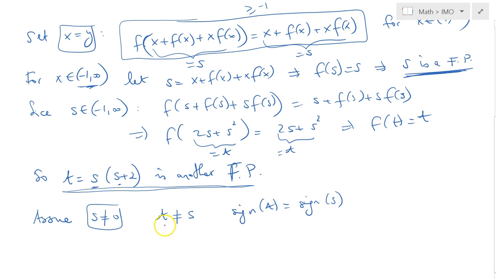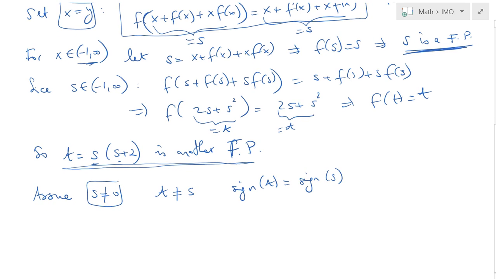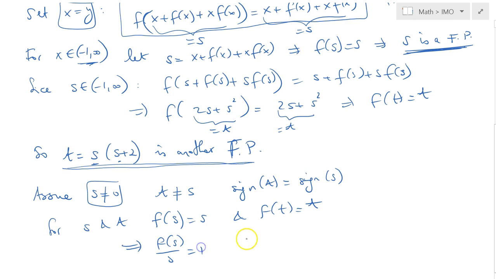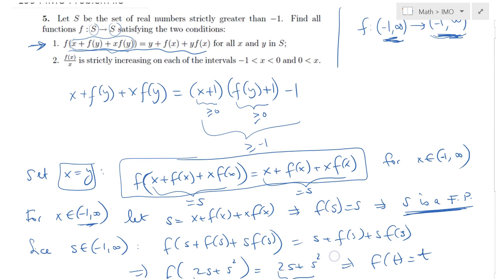As a result, notice that because the function is fixed for s and t, we have that f of s is equal to s and f of t is equal to t, implying that f of s over s is equal to 1 and f of t over t is equal to 1. But that clearly violates the second condition, that f of x over x is strictly increasing, since t is not equal to s and they are on the same side, with the same sign, either both negative or both positive.